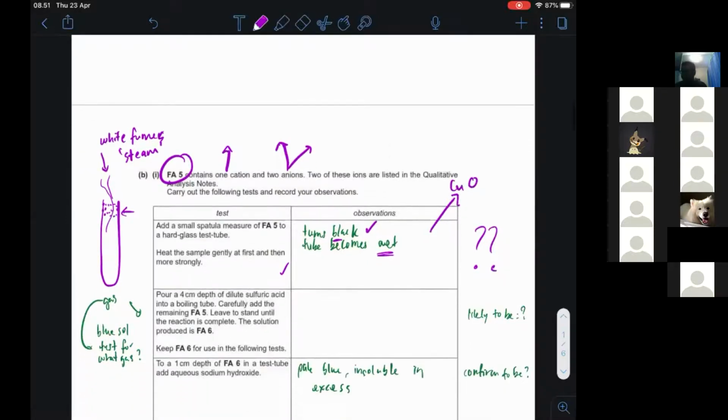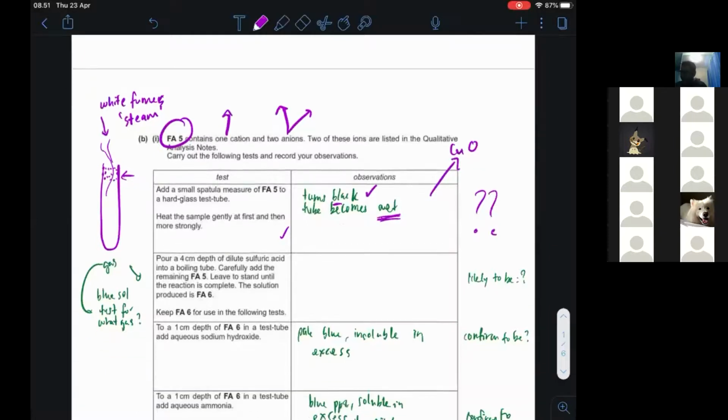Now, again, take note, there is some kind of wetness, which means some kind of water is being given off when you heat up FA5. So here, I'm suspecting it might be copper, but with something that can give me water.